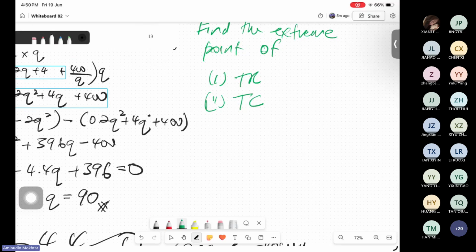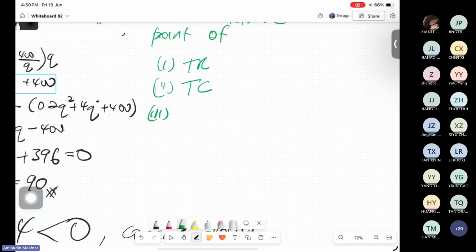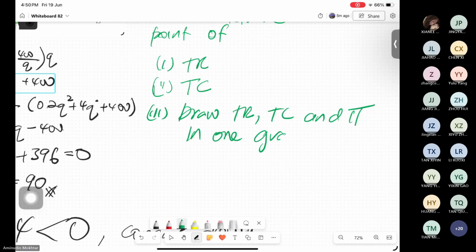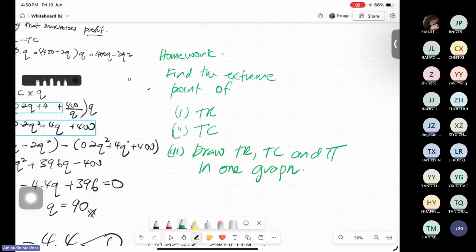And then the third question is, sketch the graph. Draw TR, TC, and pi in one graph. That is the homework based on this equation. First, you need to find the extreme point, the maximum or minimum.